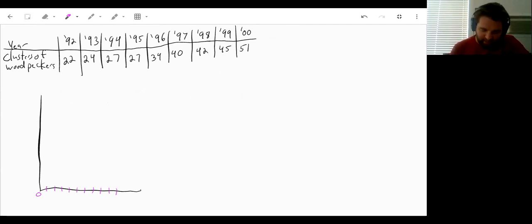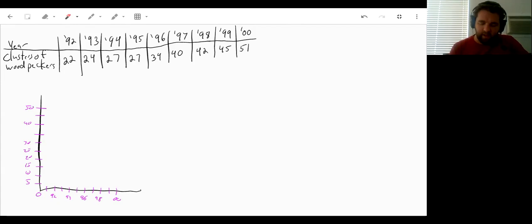So let's go up by 5s: 5, 10, 15, 20, 25, 30, 35, 40, 45, 50. Okay, now I've at least got it labeled so I can see what my points are that I'm graphing.